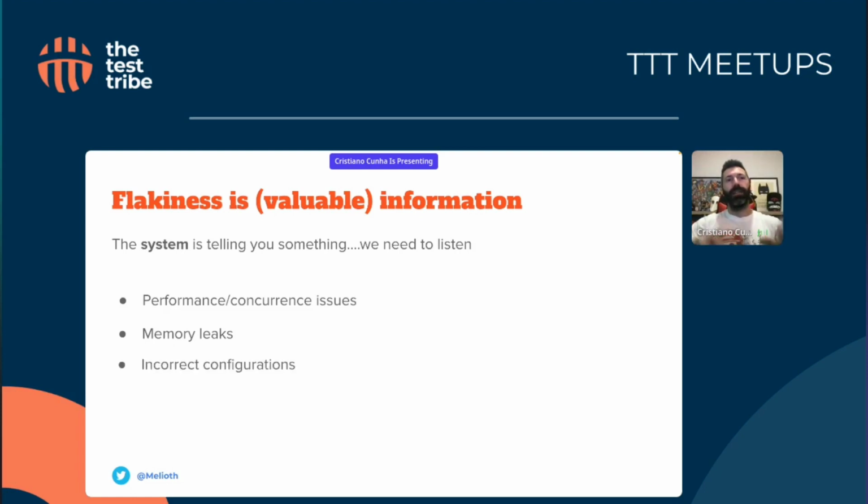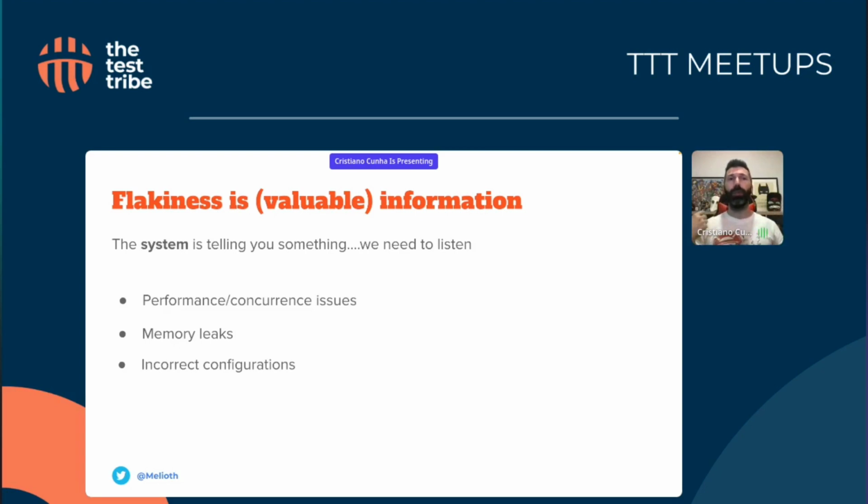Another thing is incorrect configurations, and I've dealt a lot with it because when we have, for instance, automated deploys where we have multiple environments in your process, you need to have different ways to apply configurations because you will use different databases in QA environments, different databases in development environments, and of course in production.